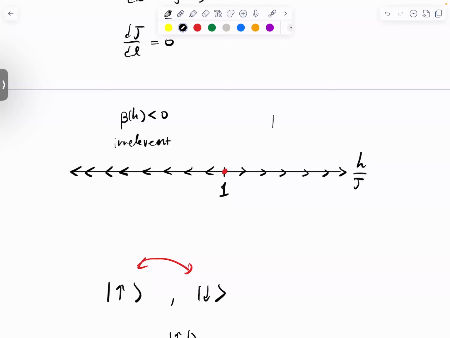And if beta of H is larger than 0, it's relevant. And here, at this point, beta of H is equal to 0, and this is what we call a marginal perturbation. Okay?